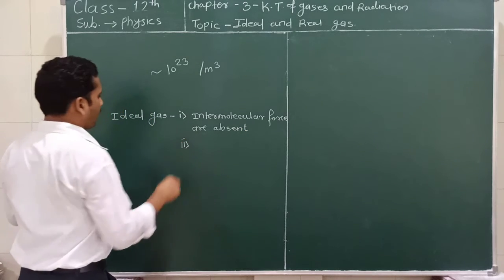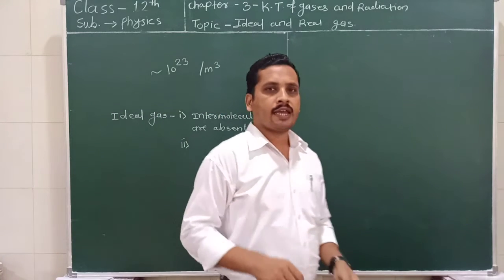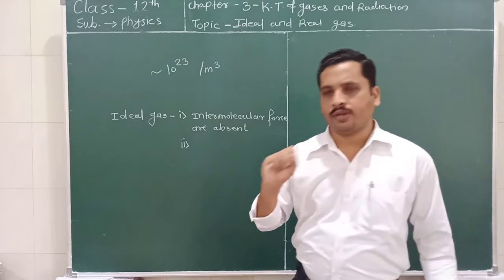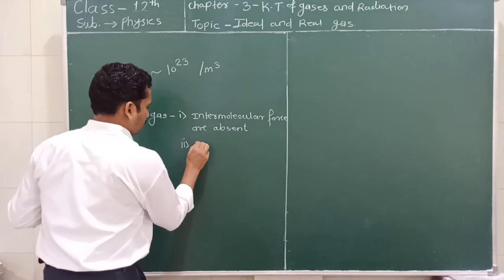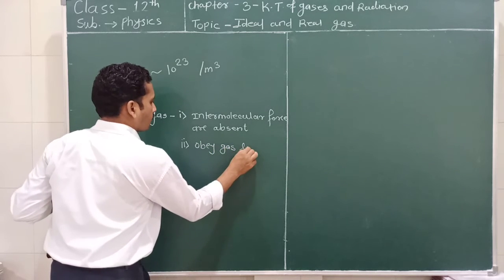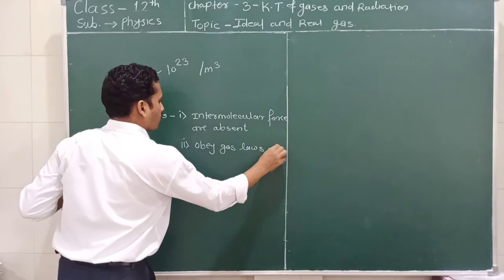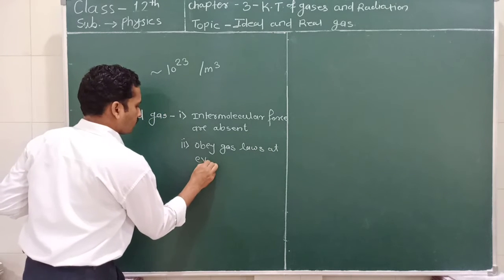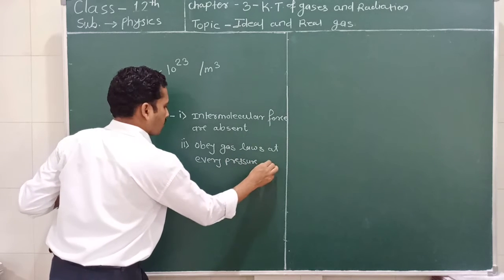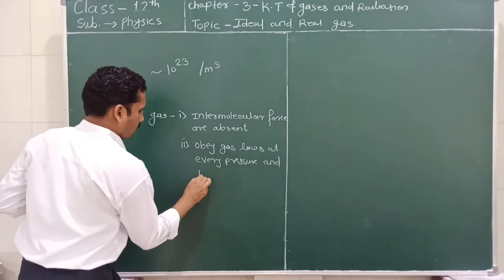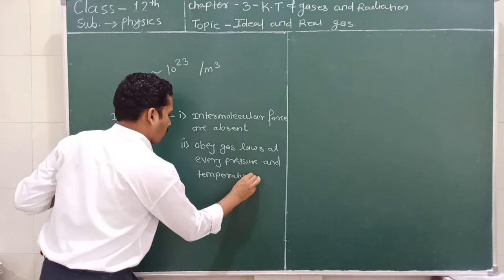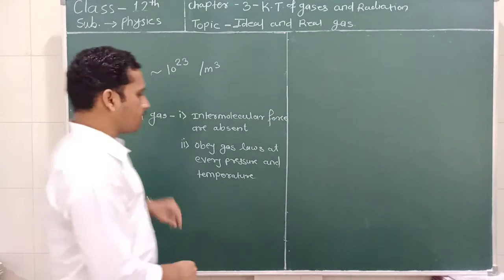What is the second property of this ideal gas? This ideal gas obeys the gas laws at every pressure and temperature. So, what are the properties of this ideal gas?